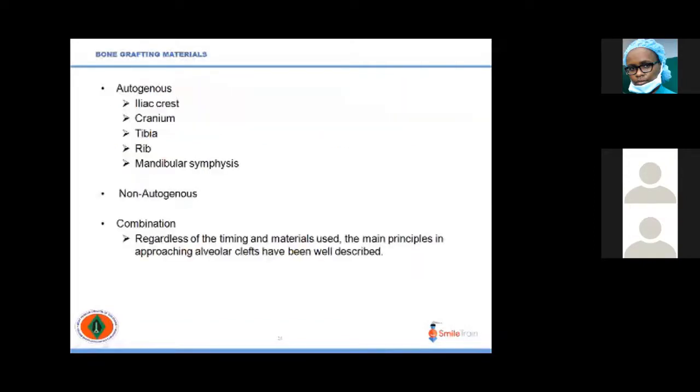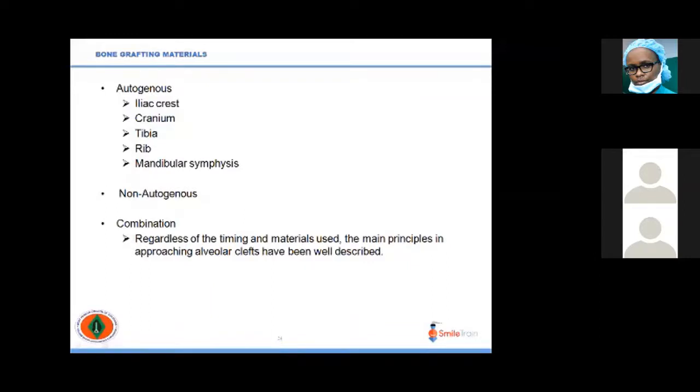What are the sources of materials for alveolar bone graft? We have the autogenous ones, which involve iliac crest, cranium, tibia, rib, or mandibular symphysis. We also have non-autogenous bone materials. A combination of the two can also be used, regardless of the timing and the materials used. The main principles in approaching alveolar clefts have been well described in the literature.